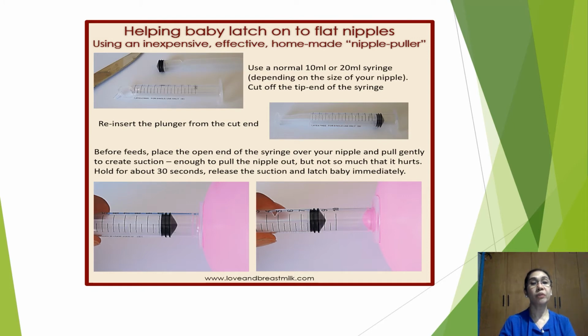So before feeds, you have to place the open end of the syringe over the mother's nipple and pull it gently to create a suction. Just enough to pull the nipple coming out, but not so much because this will hurt. So hold for about 30 seconds, release the suction, and latch the baby immediately.